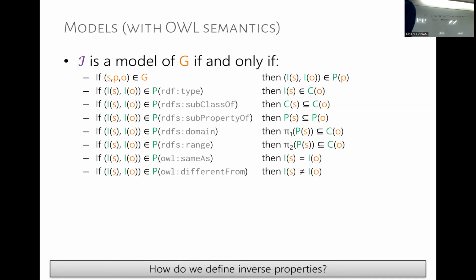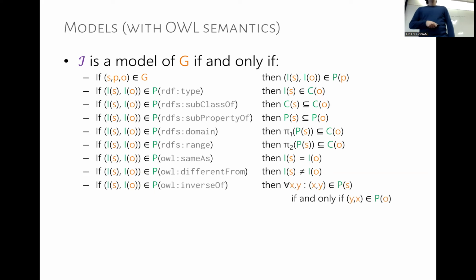Inverse properties. If we have S and O in the inverse of relation, what does it mean? For all X, Y, XY is in the property S if and only if YX is in the property O. And the if and only if gives us both directions.